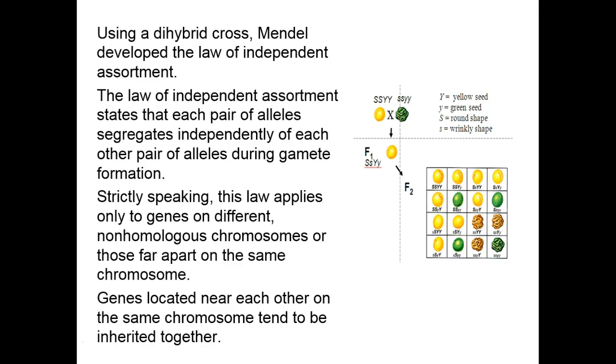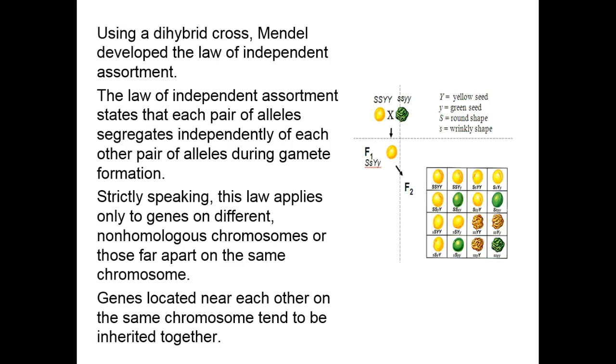You have the law of independent assortment, that each of the different characteristics will segregate independently. So just because you have a yellow seed doesn't mean you're going to have a wrinkly seed also. They're all going to segregate. They're all going to be passed on independently.